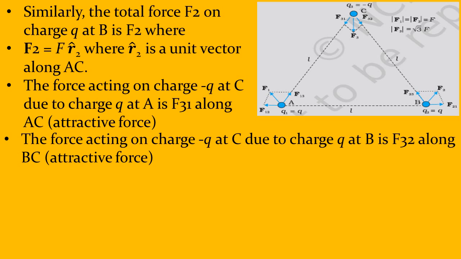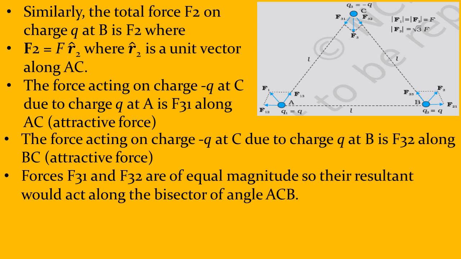F32, force on charge 3 due to charge 2. It is also acting along BC because it is an attractive force. Now forces F31 and F32 are of equal magnitude. So the resultant would act along the bisector of the angle ACB.